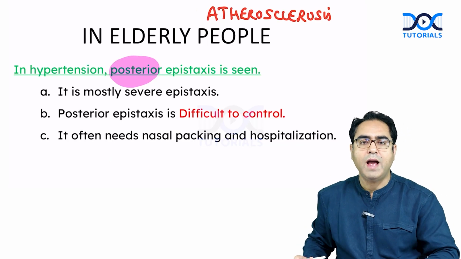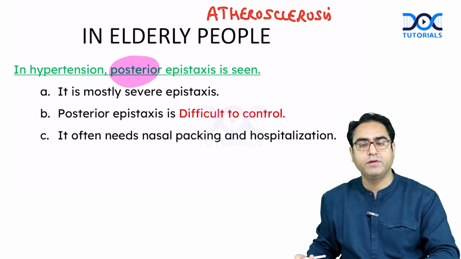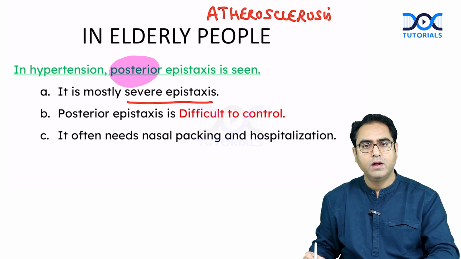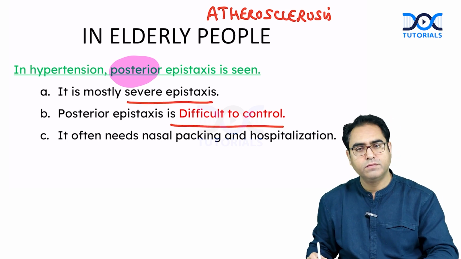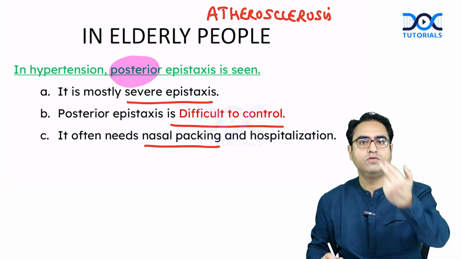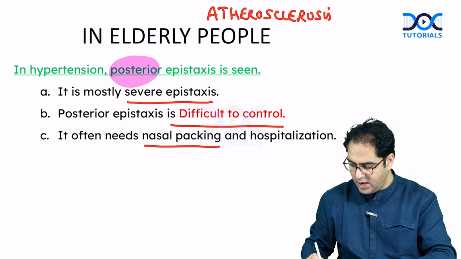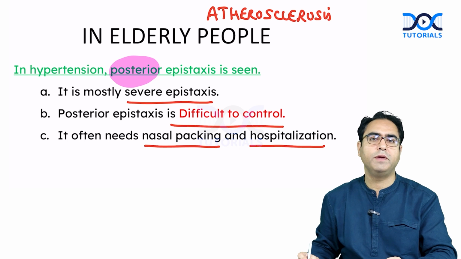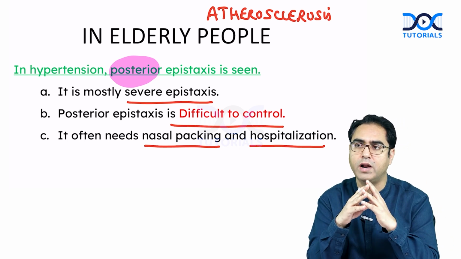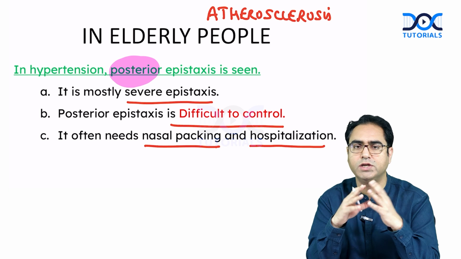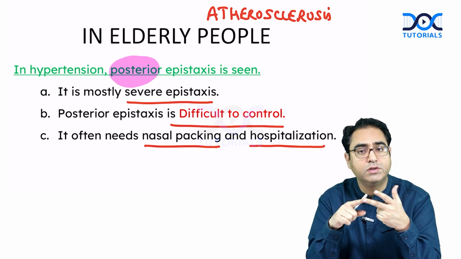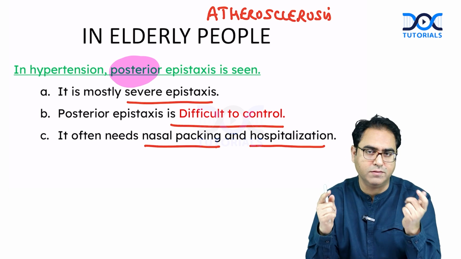So, in hypertension, because we see the posterior epistaxis, it is generally severe and difficult to control. And it would need packing in the nose to put the pressure on the bleeding area. And of course, you need to hospitalize the patient also. So let's revise. Hypertensive bleeds in elderly population or atherosclerotic bleed in elderly population, they are posterior, severe, difficult to control, generally need packing and hospitalization.